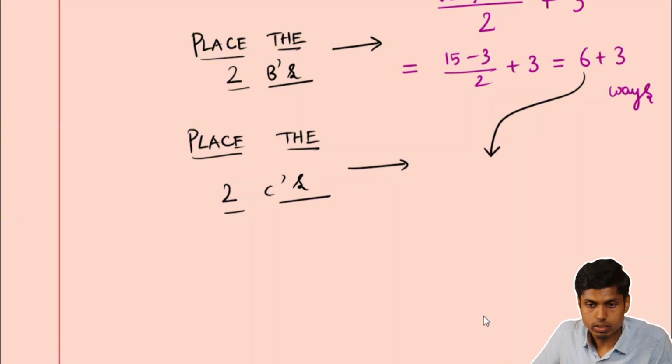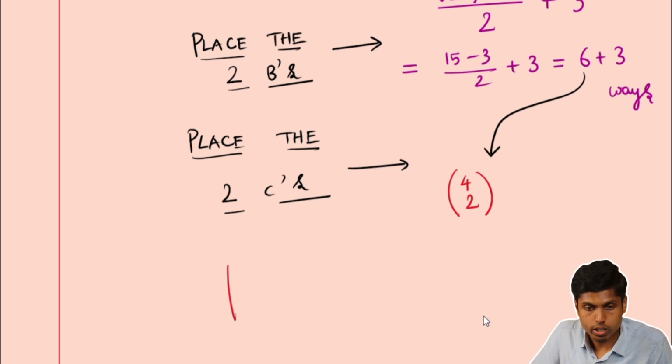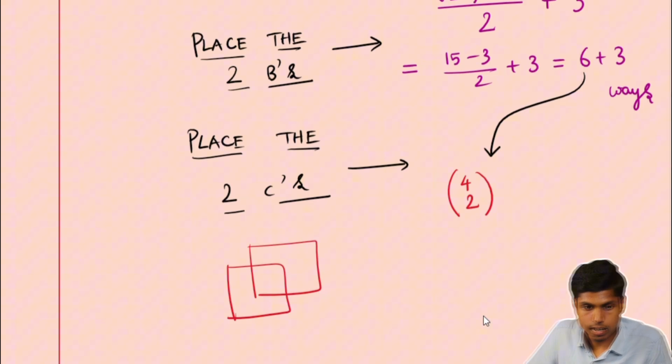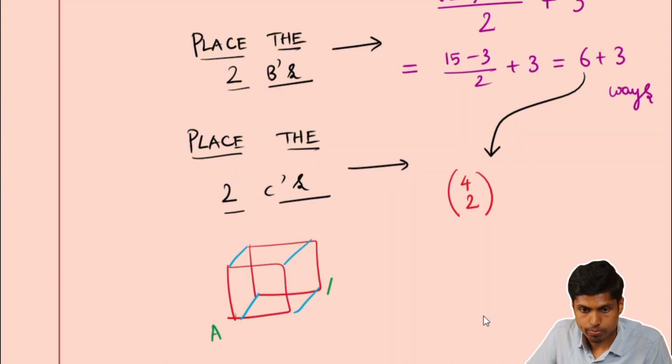And after this, you will have 4 choose 2 ways to place the C's, as there are 4 remaining vertices on the cube. So the frontal face like this, the back face like this, and the lateral sides like this. You have placed the A's over here.